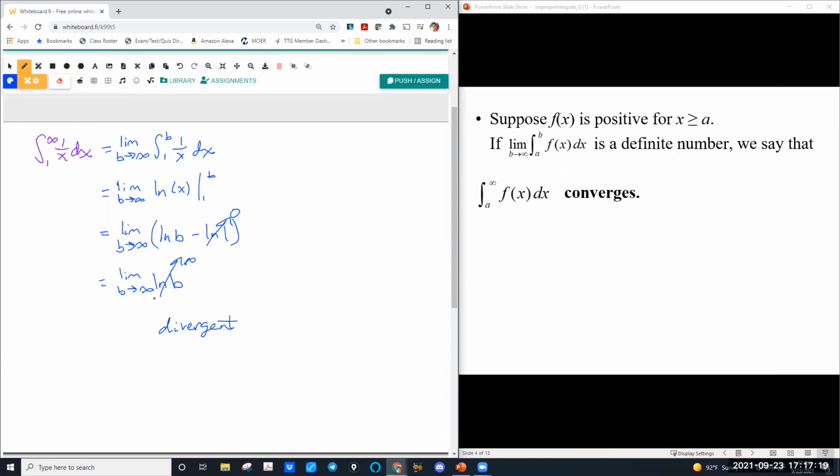Divergent is really important in mathematics because that means it blows up. It means it's not well behaved. So think of convergence as well behaved: the function goes to a number and behaves very nicely. When something's divergent, it doesn't go to a number, it goes to infinity.